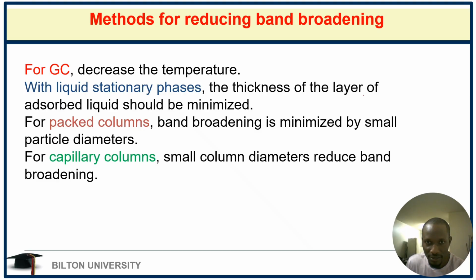With liquid stationary phases, the thickness of the layer of the adsorbed liquid should be minimized, just like we said, especially for the C_S term, the mass transfer term to the stationary phase.